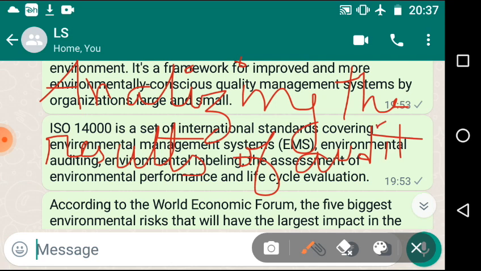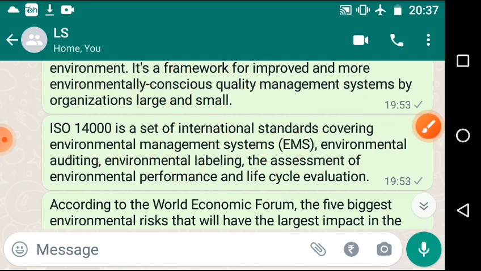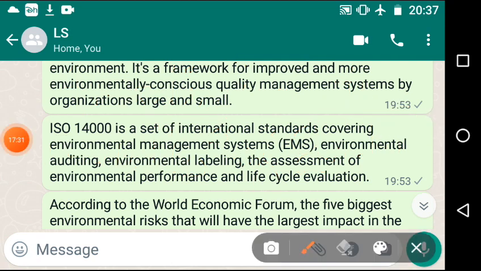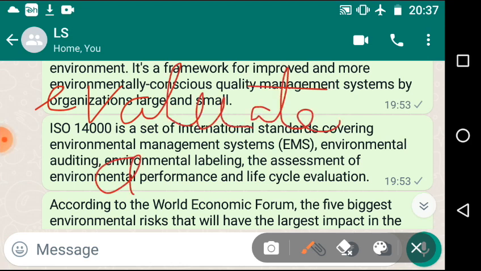And after analyzing the results of the audit, finally we will evaluate that audit.